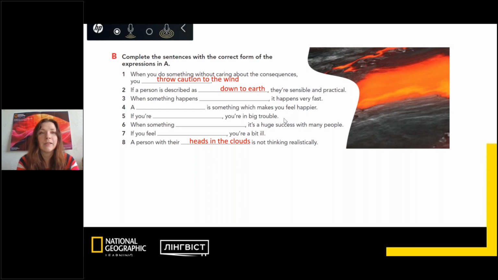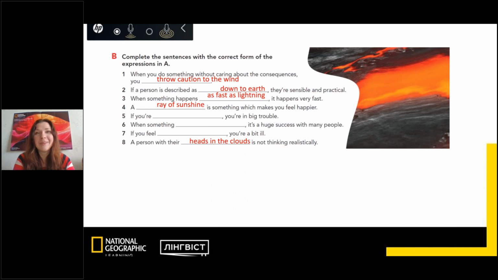Great. Next one. When something happens as fast as lightning, it happens very fast, right? So this is the expression, you can be as fast as lightning. It's quite understandable, right? Something which makes you feel happier, this is a ray of sunshine, right?